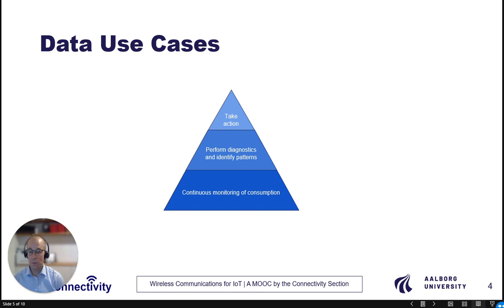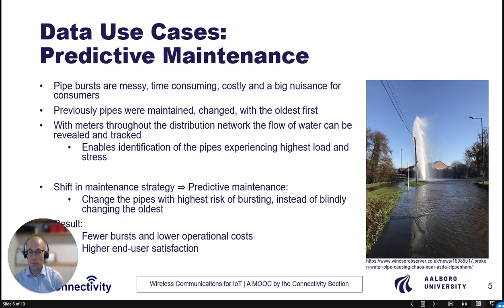And these patterns can only be observed if the consumption across the distribution network is continuously being monitored in order to create a strong, detailed foundation of data. But let's have a closer look at some of these use cases.